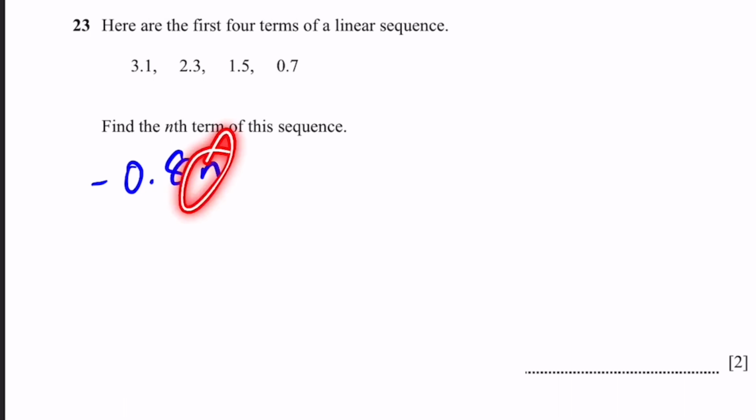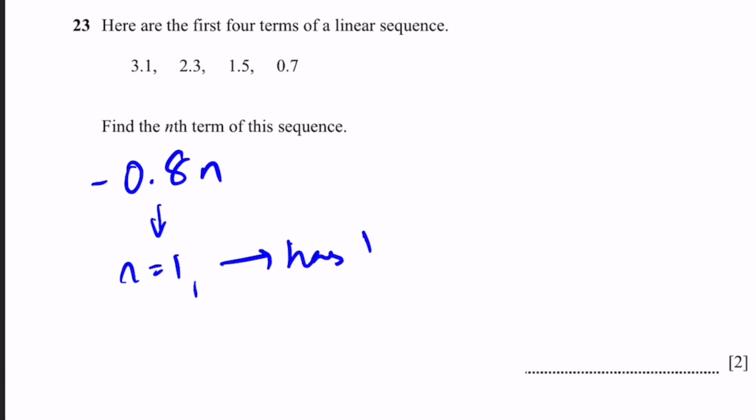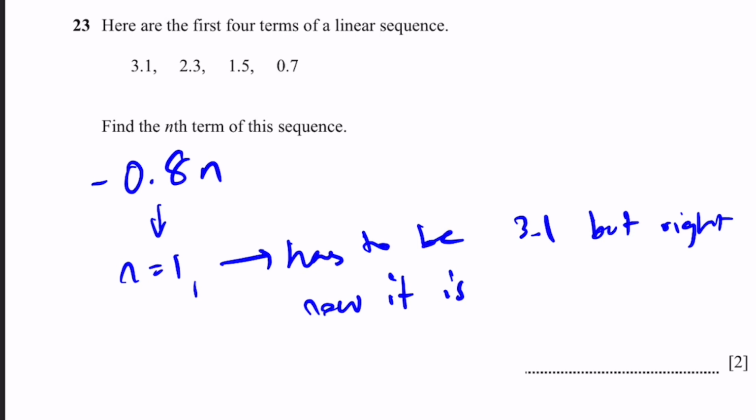And then if n is equal to 1, right, we substitute n equals 1, then this has to become 3.1. But right now, it's only negative 0.8.